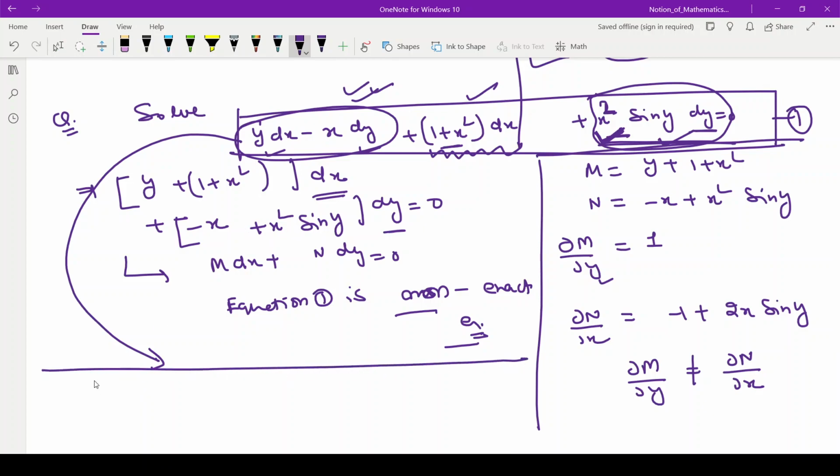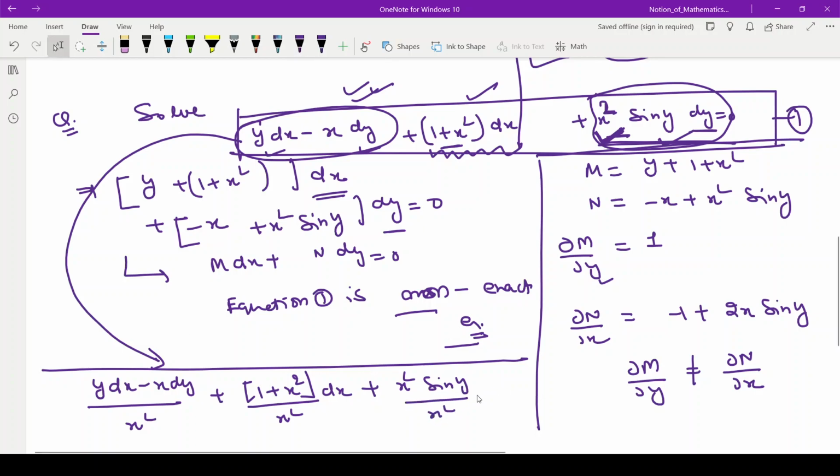It will give us (y dx minus x dy) upon x square, plus (1 plus x square) upon x square dx, plus x square sine y upon x square dy, is equal to 0.